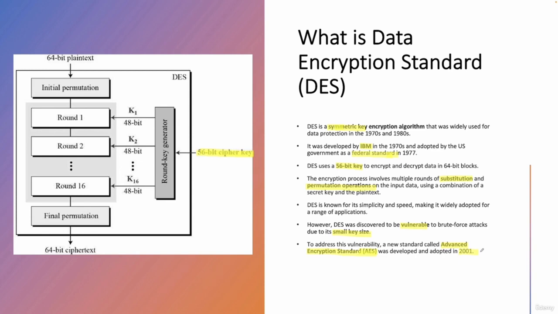The thing to understand here is that DES was really good when it came, but the hackers became really intelligent over time and were able to break these encryption algorithms. That's why NIST clearly said we shouldn't be using DES, because it was vulnerable due to its small key size, and they came up with AES.